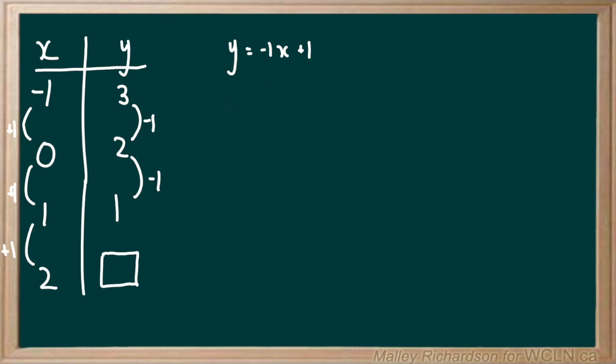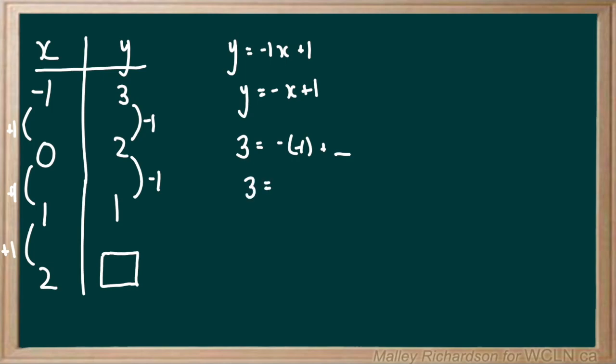Because this formula doesn't work, let's ask ourselves, how do we get from our x value of -1 to our y value of 3? Using this formula of y equals -x plus 1, what do we have to add to this -x to get to 3? So let's replace y with 3, and then negative times -1, plus some value that we have to add on to get to our y value of 3.